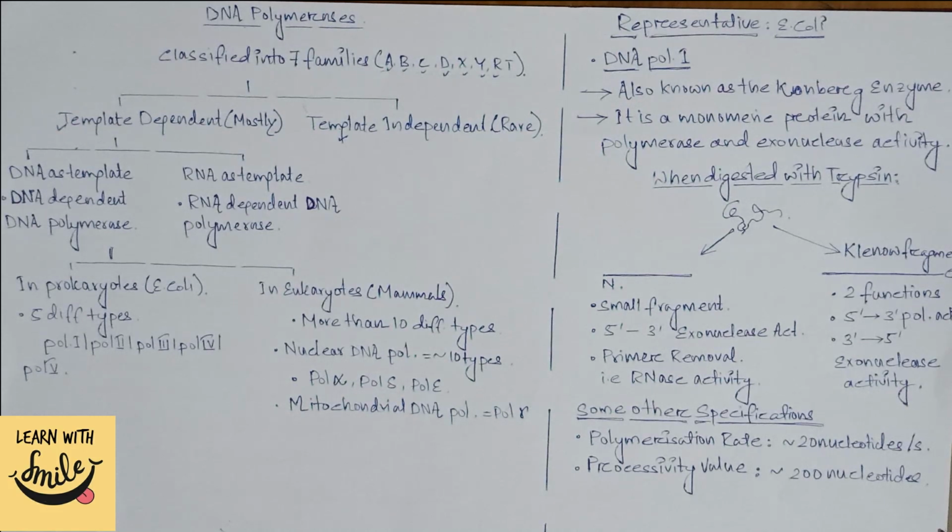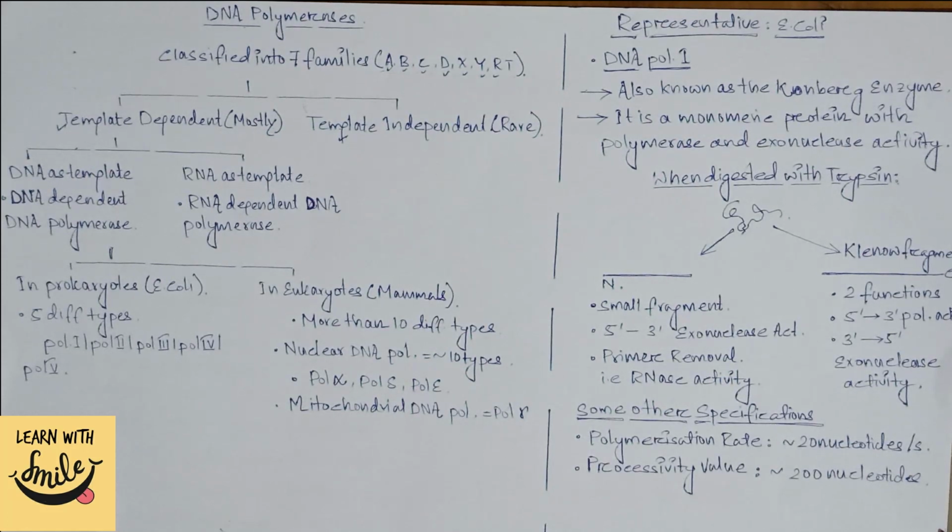While adding the first few nucleotides, the RNA molecule provides the 3' OH end that is required by the DNA polymerase to carry forward its activity, and thereby the DNA polymerase plays the prominent role of polymerizing the newly synthesized DNA. Now, having known that, let us look at the different categories of DNA polymerases.